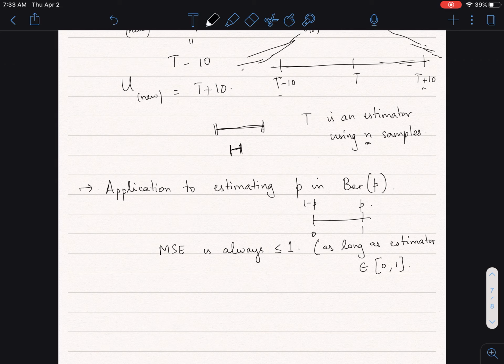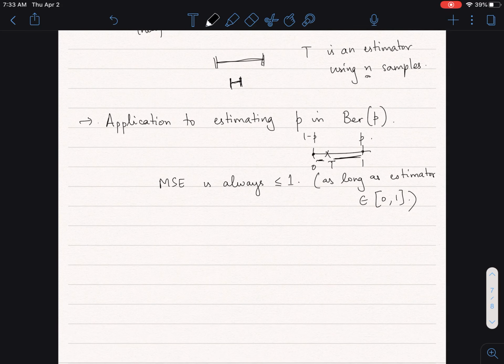If the actual value is somewhere over here and the estimator is guaranteed to produce a value somewhere over here, the gap between the estimator and the actual value theta will always be smaller than or equal to 1. So this is one simple setting where we have a very simple bound on gamma.